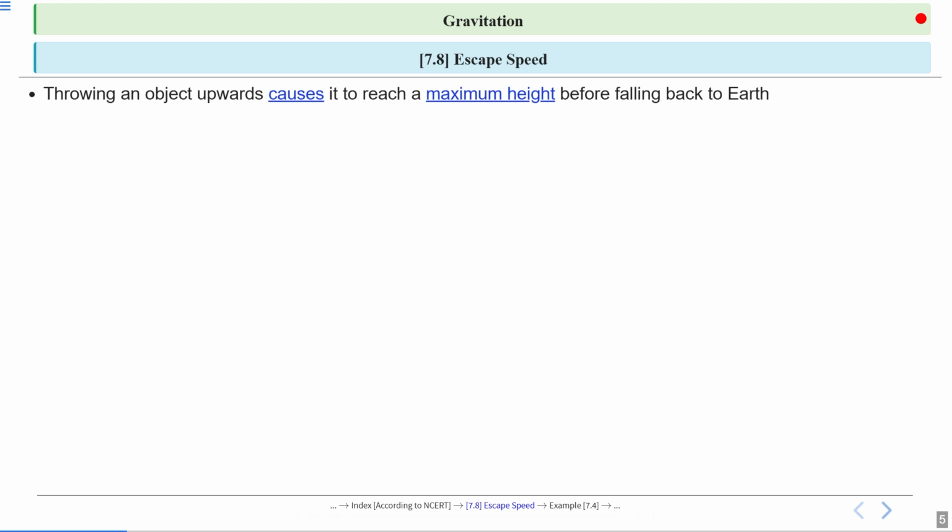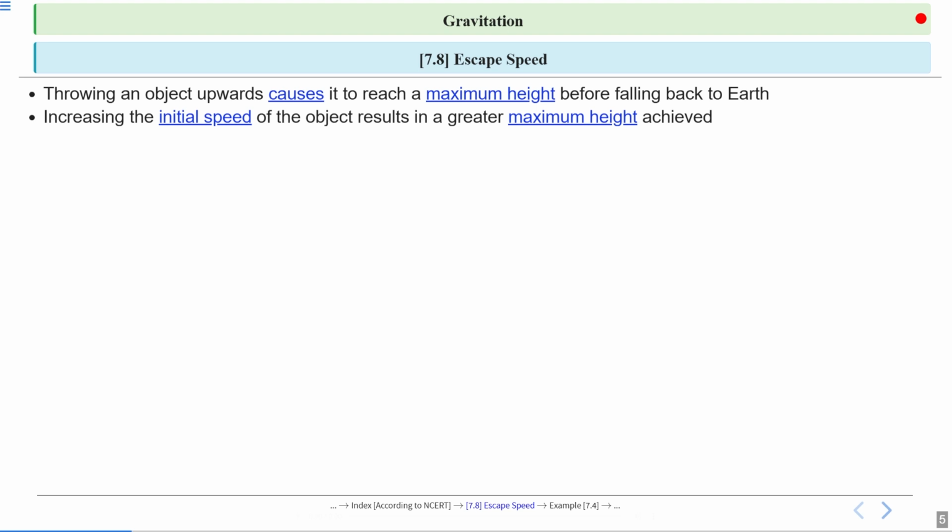Let's start by considering what happens when we throw an object upward. Notice how it reaches a maximum height before it falls back to earth. This is due to the gravitational pull of the earth, which slows the object down until it stops momentarily at its peak height.